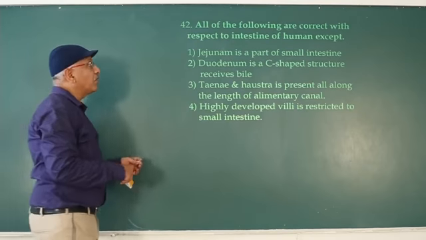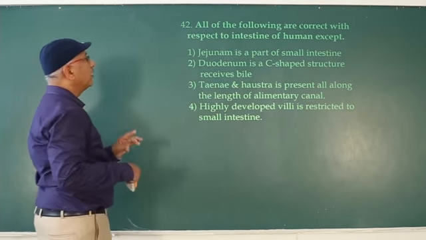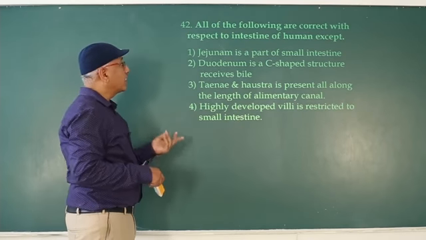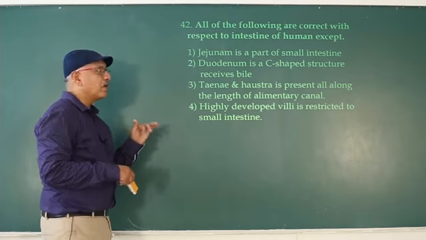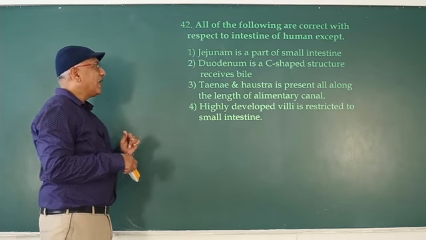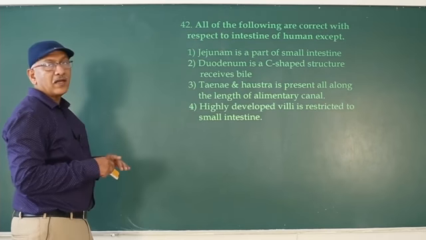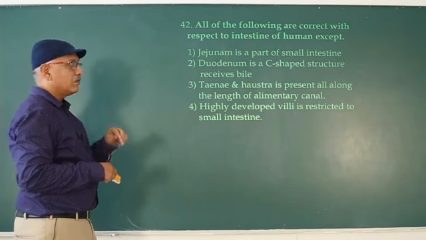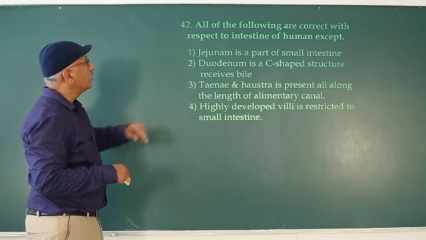Next question. All of the following are correct with respect to the intestine of humans except: the jejunum is a part of the small intestine, correct. The duodenum is a C-shaped structure that receives bile, correct. Taeniae coli and haustra are present all along the length of the alimentary canal, wrong. Taeniae and haustra are present on the colon only, not the entire alimentary canal.